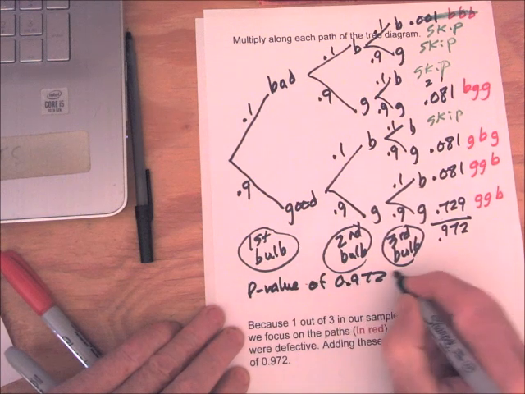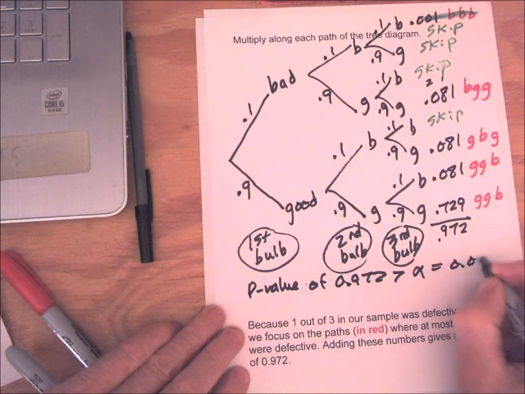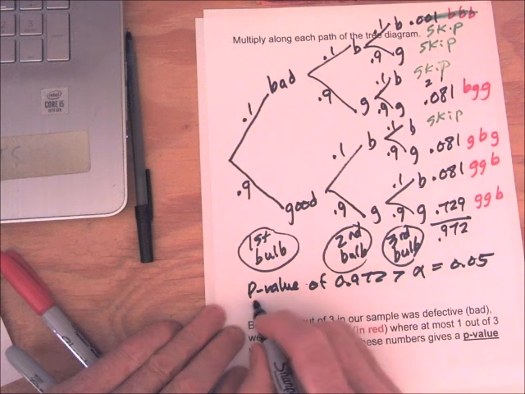0.972, greater than alpha, which is 0.05, and so we fail to reject H naught.